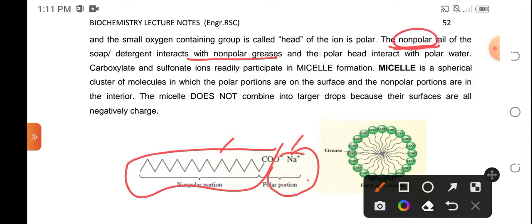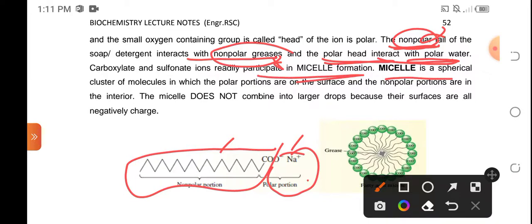So, nonpolar tail will interact with the nonpolar grease na nasa mga damit natin, yung mga dumi sa mga damit na nilalabhan. And then we have the polar head, which interacts with water. Okay, so with this structure of the fatty acid salt or soap, micelle formation is possible.